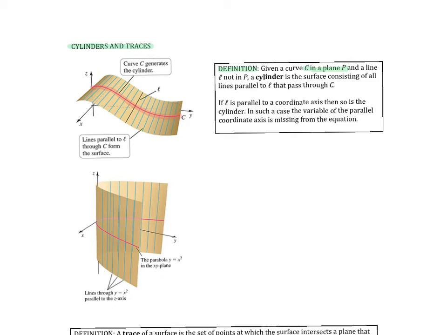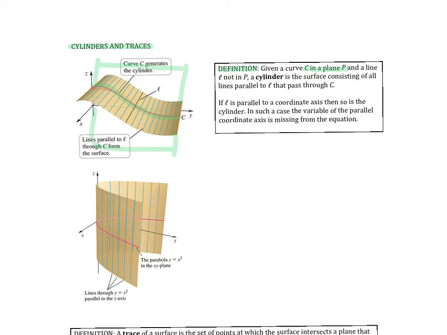Remember, the curve is in the plane. Notice that this surface is not a plane. So if you can imagine a plane that our curve is in, that plane is perpendicular to that surface that you see.